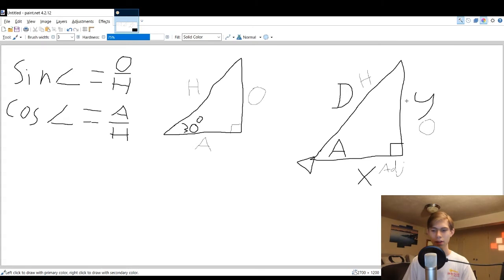First, let's solve for the y-axis. The y-axis deals with the opposite side, and the sine function deals with the opposite and the hypotenuse. The hypotenuse is what we're going to know.